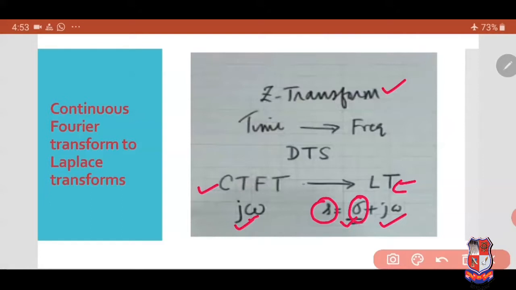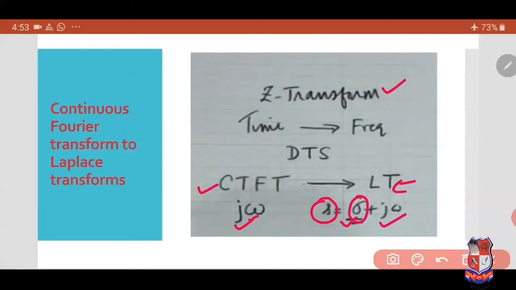Okay, so the question is, what does it do? It enlarges the capability of the transform to handle a wider class of signals or systems. When you deal with the Laplace transform or Fourier transform, you have limitations on that signal, but in the Z transform you can widen your limitations.